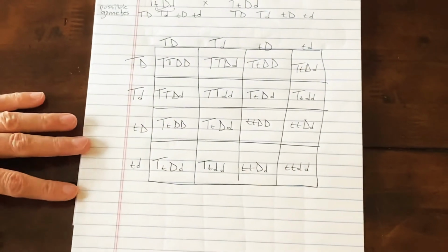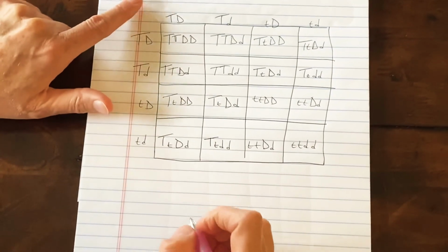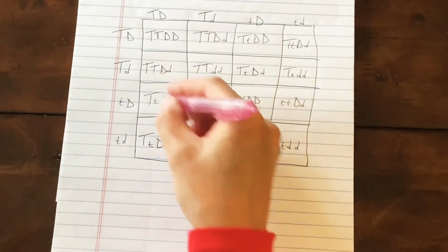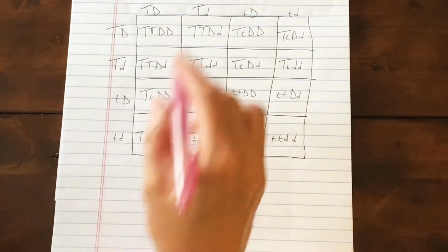So line them up carefully. And so we want to first count how many of your possible offspring, these are all 16 possible combinations for these two genes that these two parents can produce.